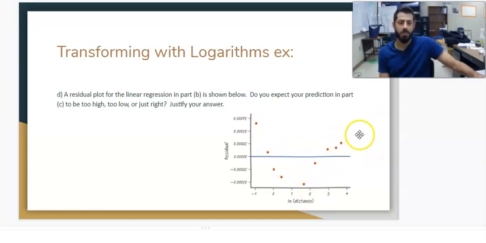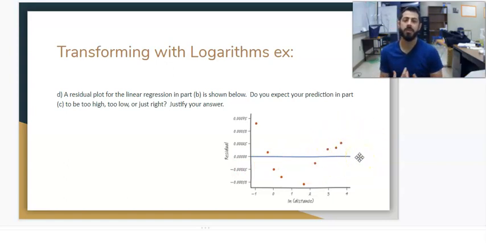The reality would probably be up here. So I would say our prediction is going to underestimate. Our prediction will be too low because the reality is the dots. The line is just the prediction, right? Since the dots are above, our line is below, our prediction is going to undershoot. We are going to be too low. And that would be our justification.